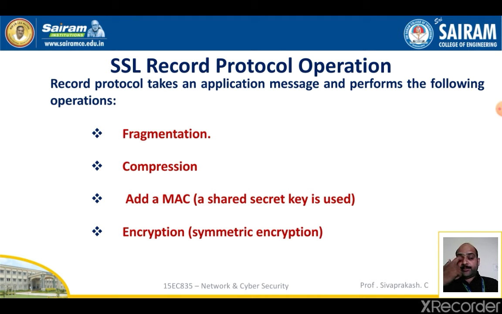Then encryption is done on the data block, which is a symmetric encryption. Finally, an SSL record protocol record header is appended, and that completes the operation. Let's see an animated version of the SSL record protocol operation.